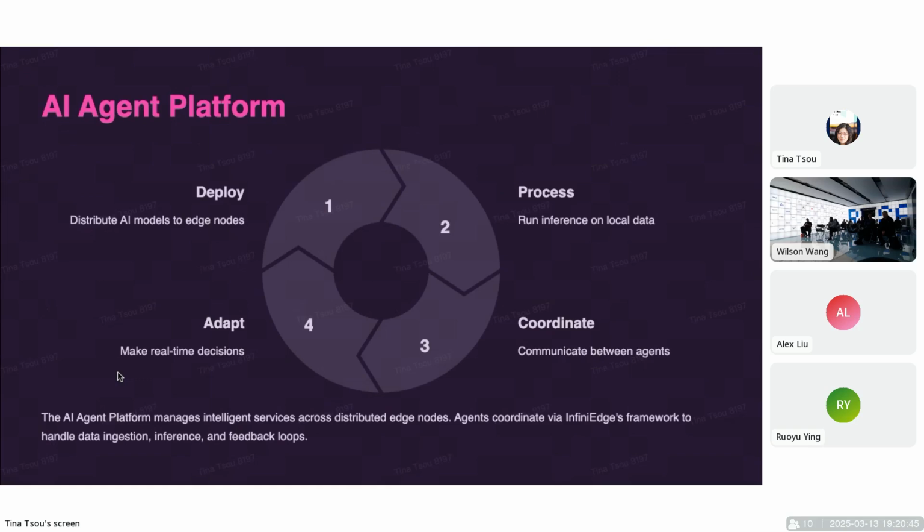From an architecture standpoint, the platform is modular and scalable. This means you can add or remove agents as needed for your application, and the system scales from one device to many. In our design, multiple agents can coordinate. They communicate through InfiniEdge's messaging or event system, passing data and triggers to each other.